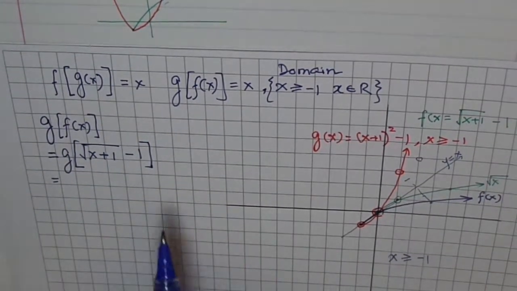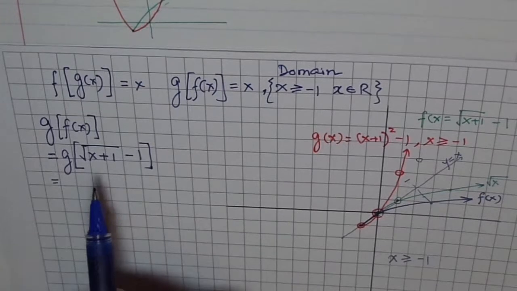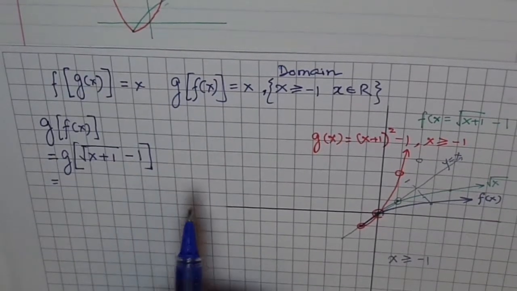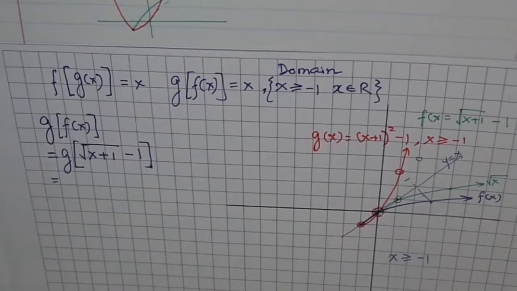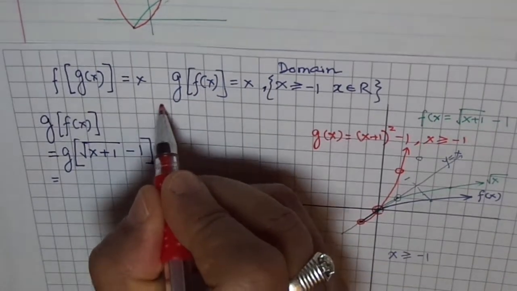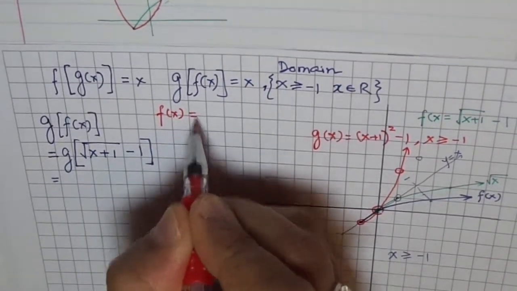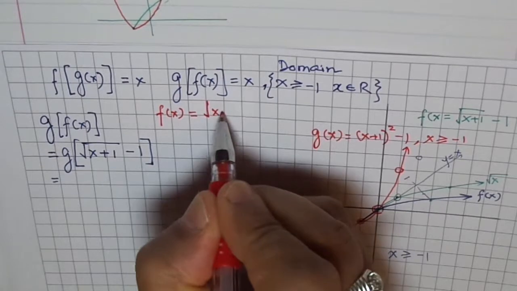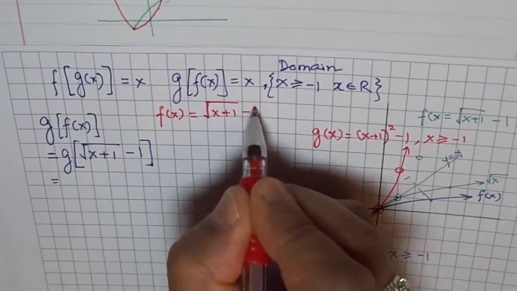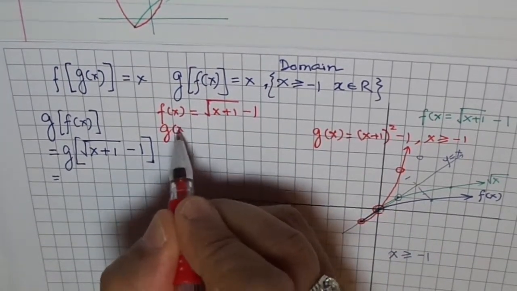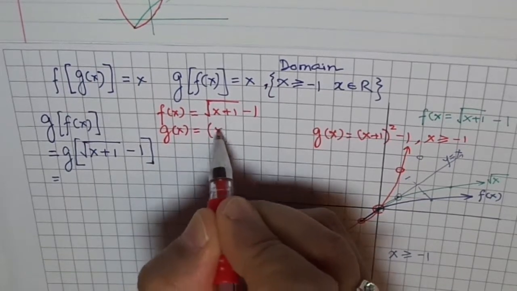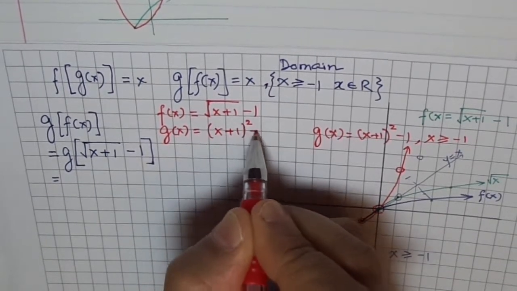Now, how is the g function defined? Let me write here for convenience. f(x) is square root of x plus 1 minus 1, and g(x) is (x plus 1) whole square minus 1.